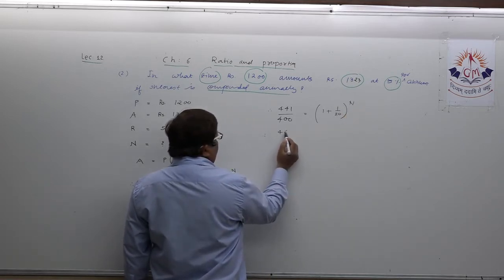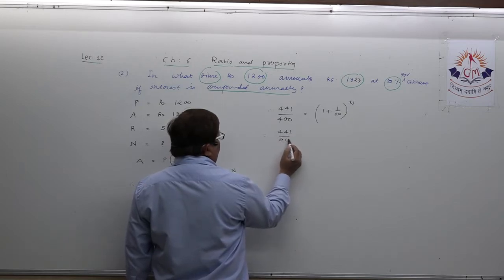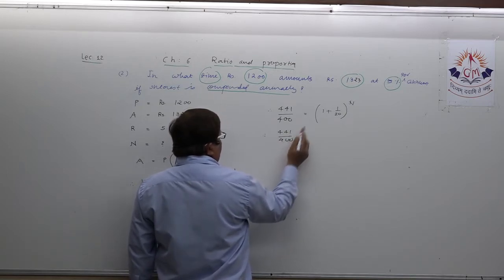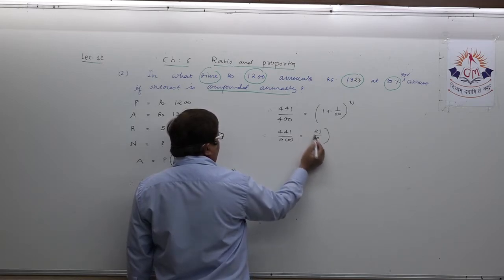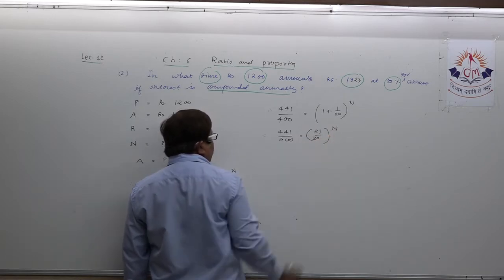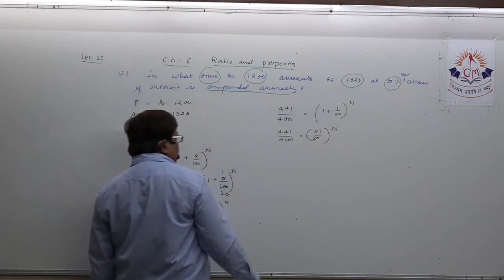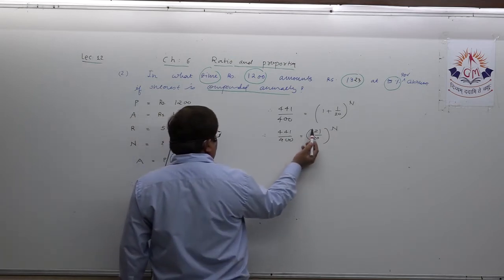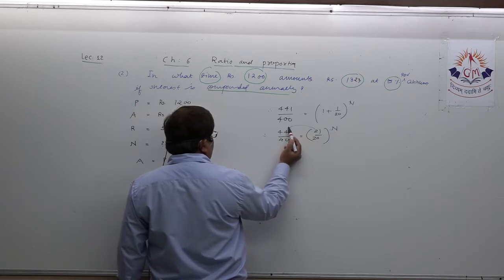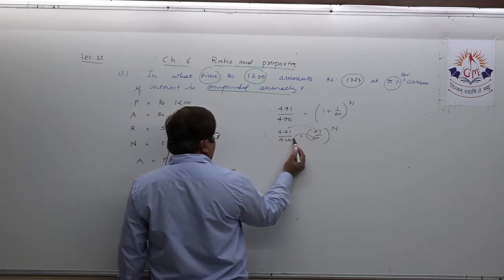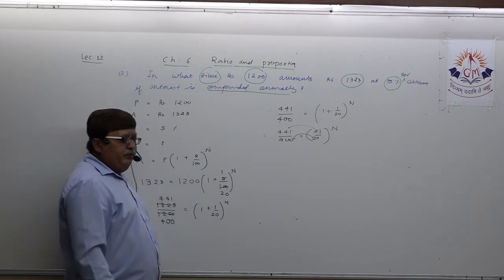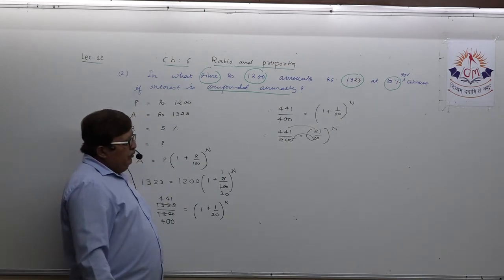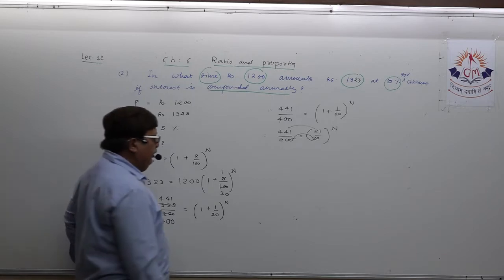Then the next step, 441 upon 400. Here you take the LCM, it will be 21 upon 20 raised to n. Then as I told you in every example, there is always a relation between numerator to numerator as well as denominator to denominator.